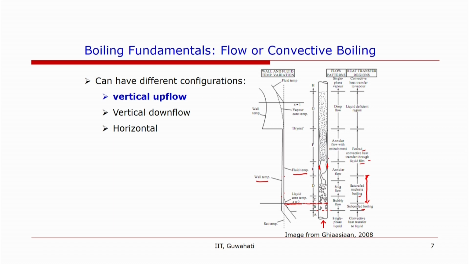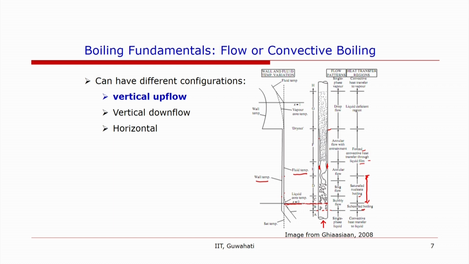And after that, you might see annular flow with some drops of liquid dispersed in the gas core. Eventually, as we move further down, the film thickness keeps decreasing, and at a certain point the dry out will happen.